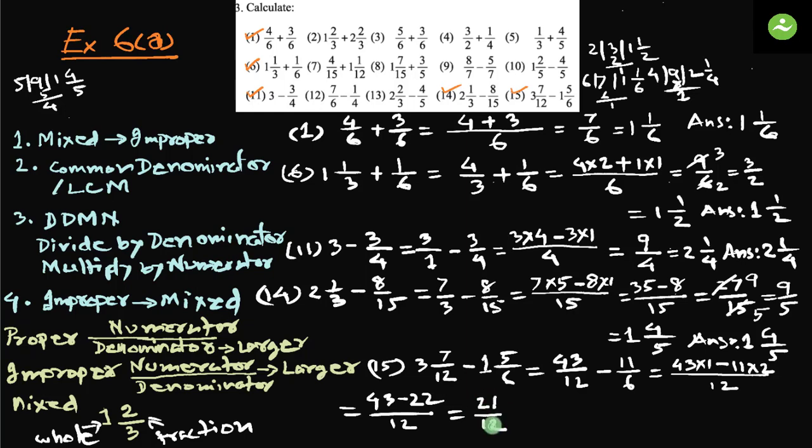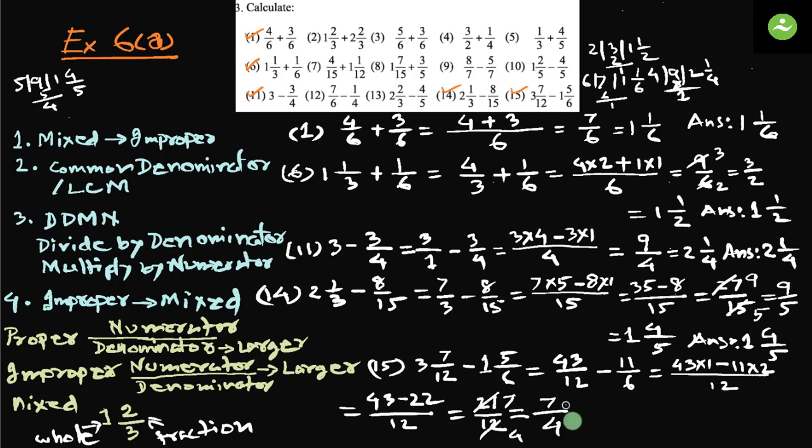We can reduce it by dividing by 3, both denominator and numerator. So 3 into 7 is 21, 3 into 4 is 12. So 7 over 4.